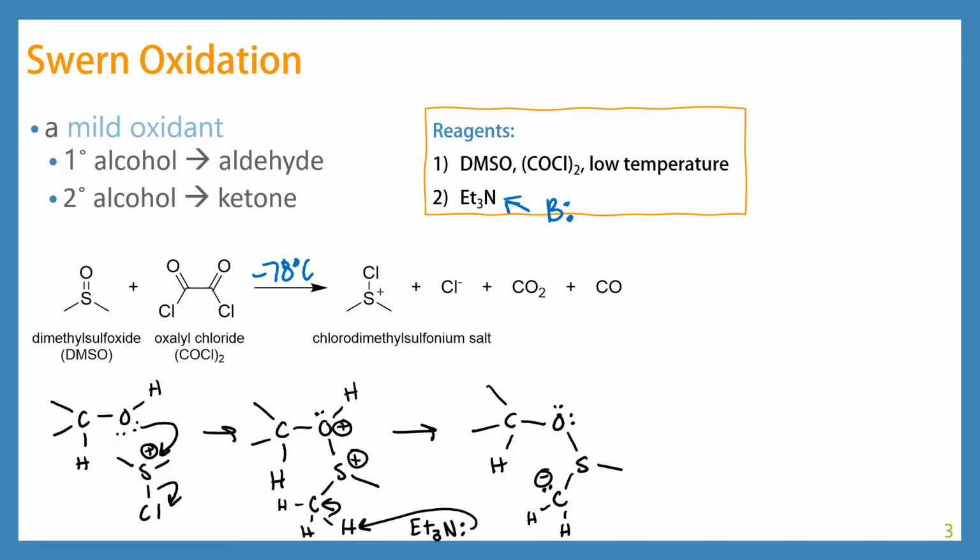Now at this point, this is where the fun stuff happens. So we've created a new base. This is going to be what deprotonates the hydrogen, creating the double bond between the carbon and the oxygen, and kicking out the sulfur leaving group.